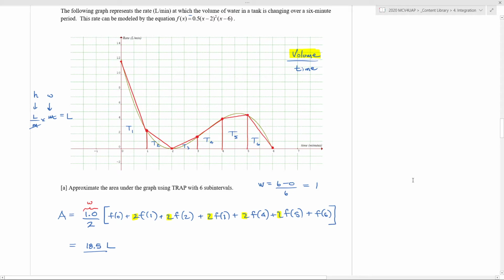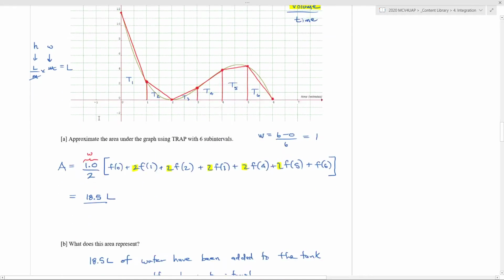So for each trapezoid, I'm multiplying the average of the two heights, the left-hand height plus the right-hand height divided by 2, in units of liters per minute, by the width of the trapezoid, which is in minutes. The minutes cancel, and I'm left with units of liters. So the area of each trapezoid represents a volume again.